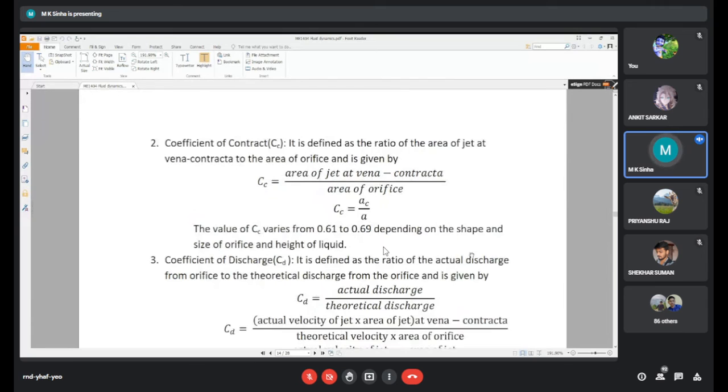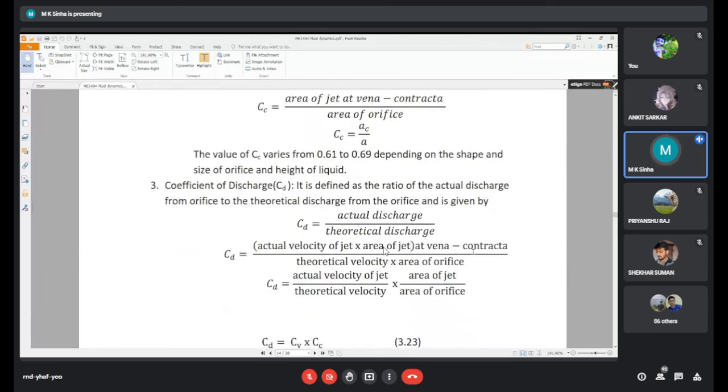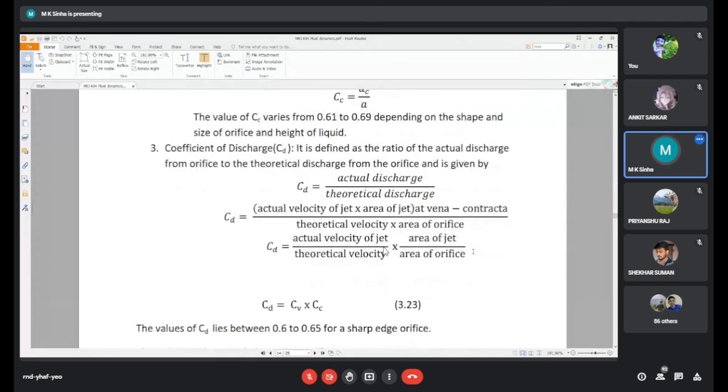The coefficient of contraction is 0.61 to 0.69, depending on the shape and size of the orifice and the height of the liquid. Generally 0.6 is valid, and 0.7 is the highest.